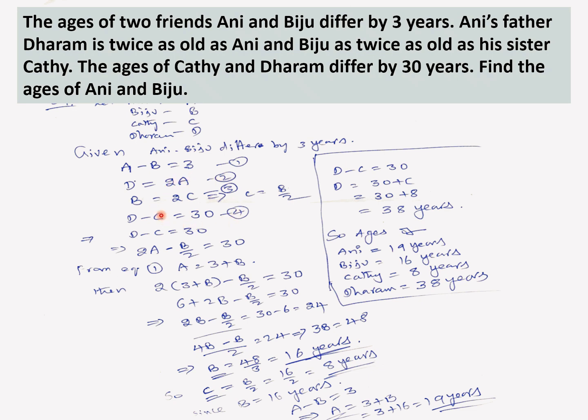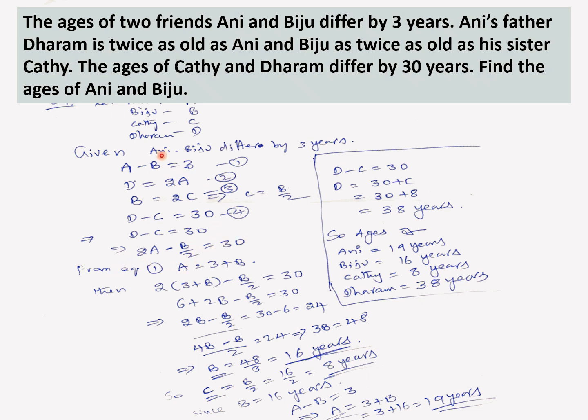You can solve them. I have taken first D minus C. So D equal to 2A, I substitute D equals 2A here: 2A minus C equals 30. From equation 3, C equals B by 2. So 2A minus B over 2 equals 30.